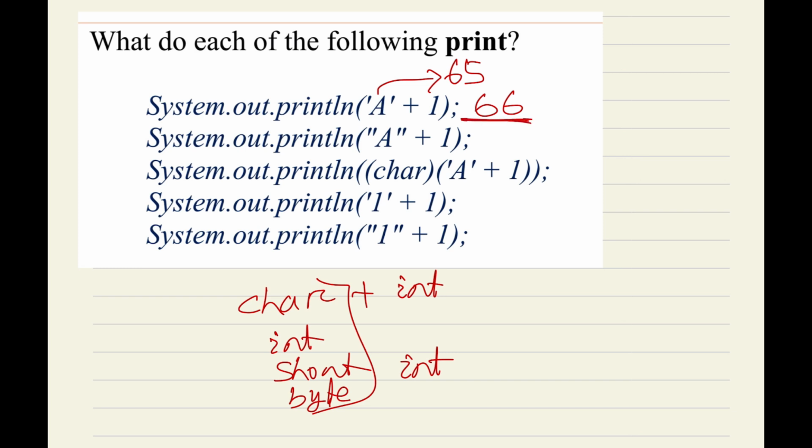Now move to the next one, System.out.println "a" plus 1. Here a is a string, then this one is a number.